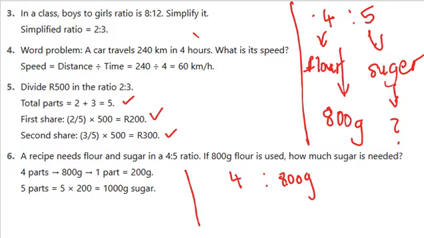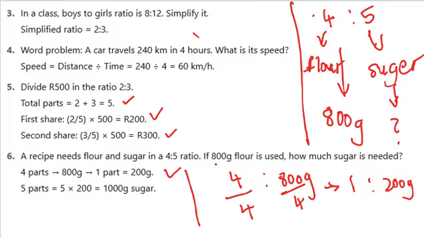Then simplify this to 1 unit. So you know that you're going to divide by 4 on both sides. When you divide by 4 on both sides, you're going to get 1 unit is to 200 grams, just like how they did here.